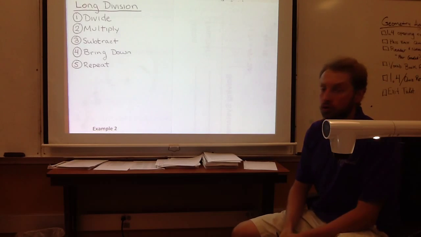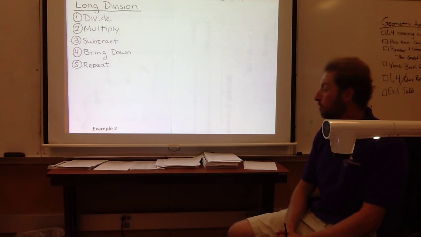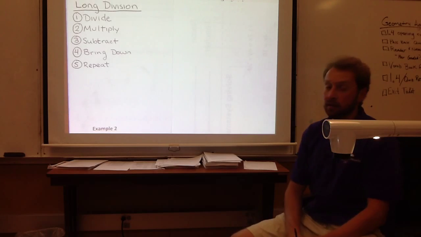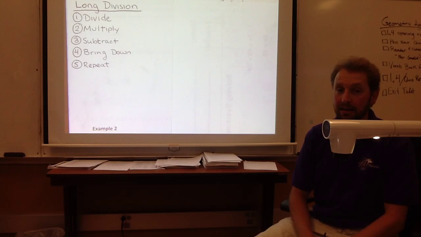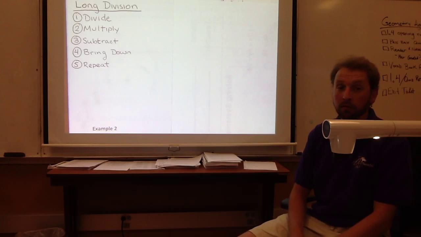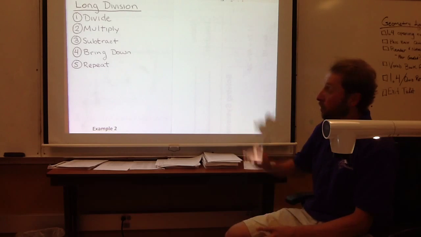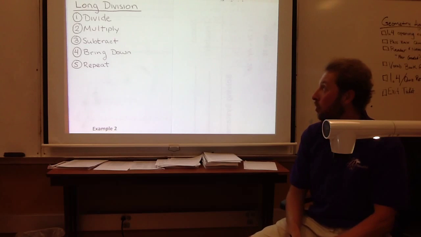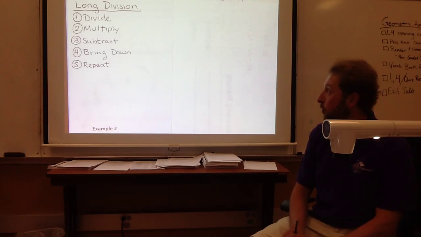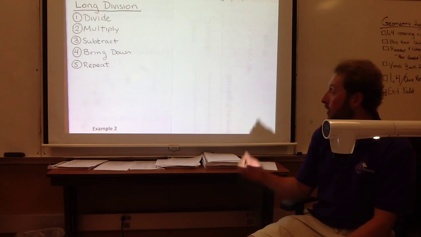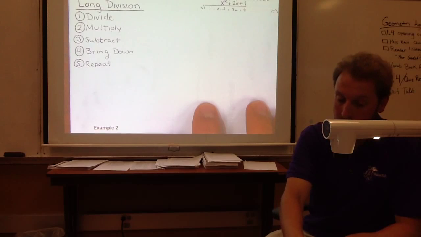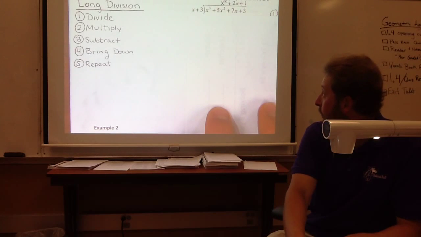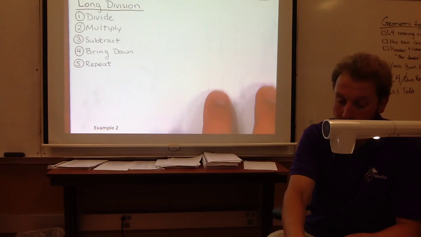Whether you fully understand it or not yet, you have to realize that dividing polynomials can be done exactly like real numbers. And we can use the long division algorithm, which you learned in elementary and middle school, and we can apply it to the problem here, which asks us to divide one polynomial by another.